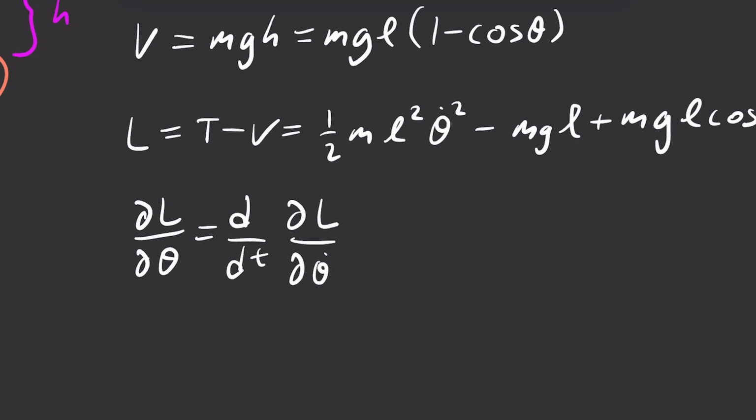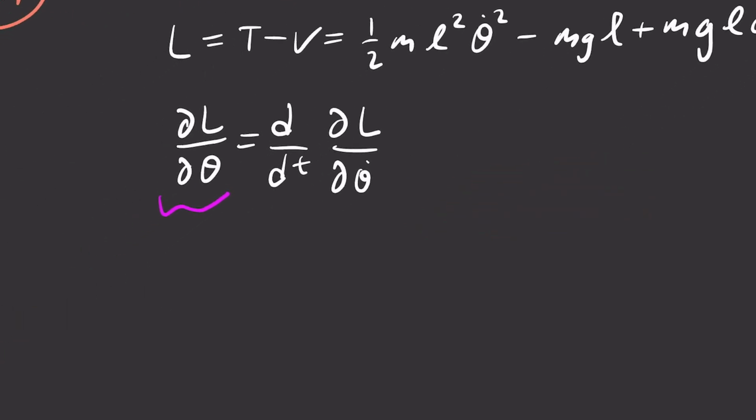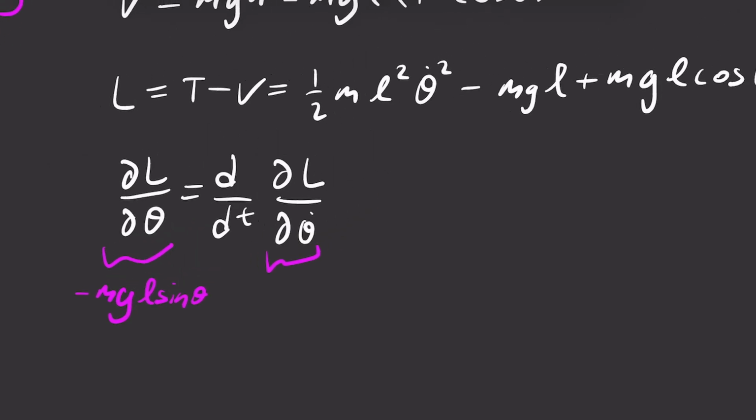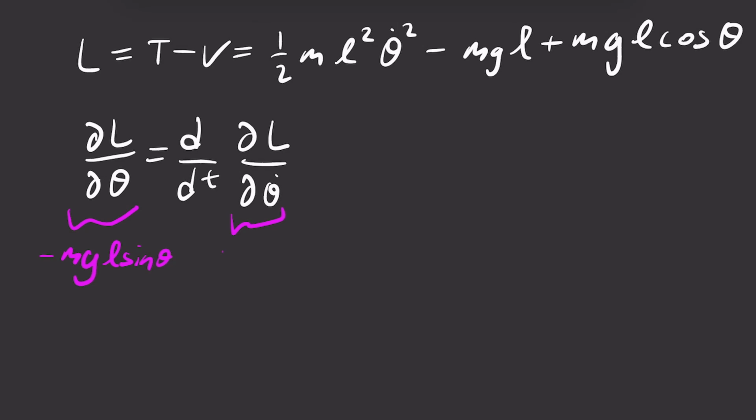All of this is independent of theta, only this part is dependent on theta, so we'll have just negative mgL sine theta. And then this is all independent of theta dot, so this will just be m L squared theta dot, and that's it.